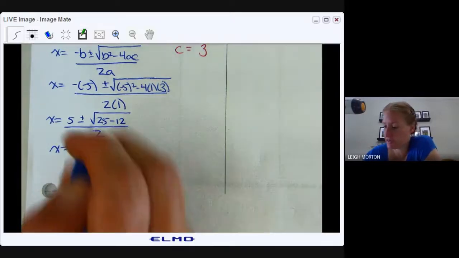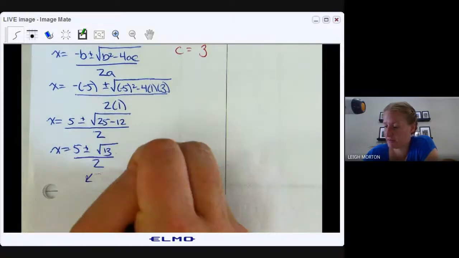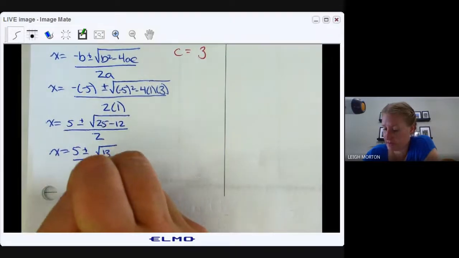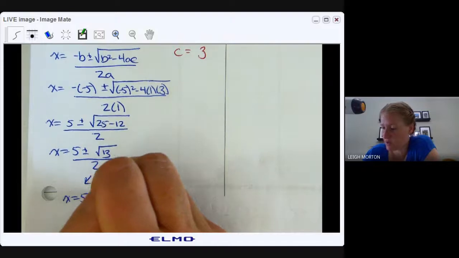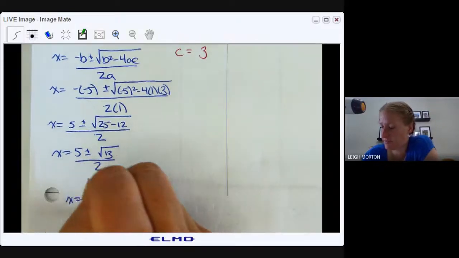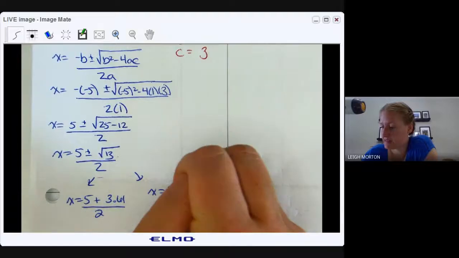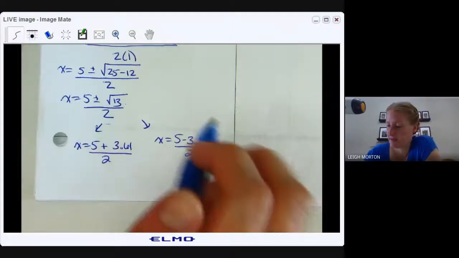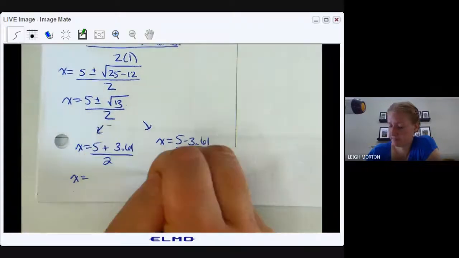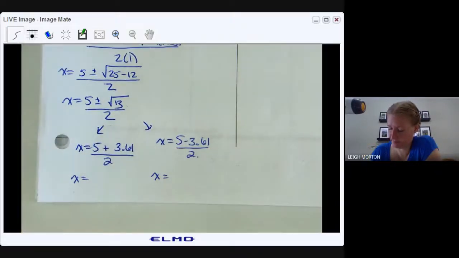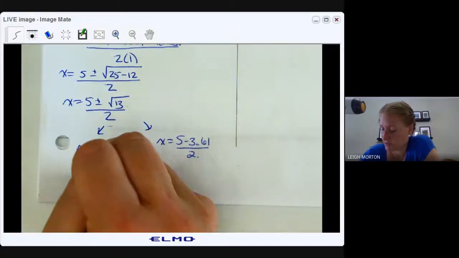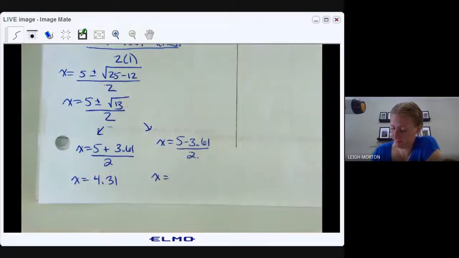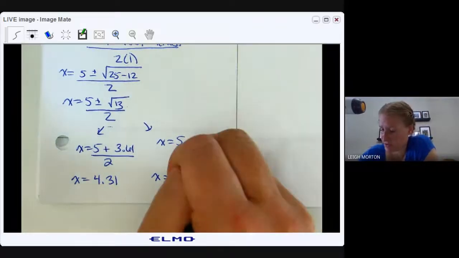So the square root of 13, when this splits, that'll be 5 plus 3.61 divided by 2, or x equals 5 minus 3.61 divided by 2. That gives me x equals 4.31 or x equals 0.70.